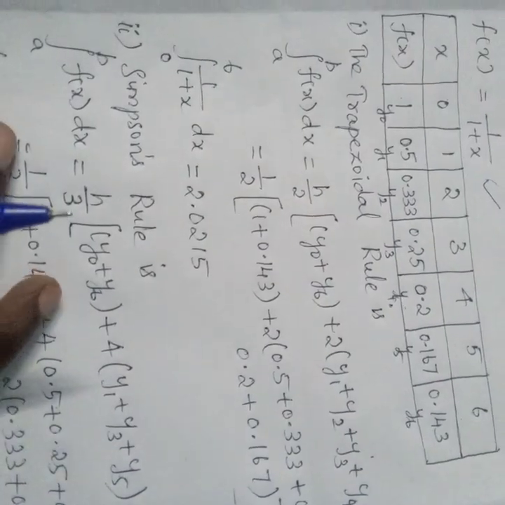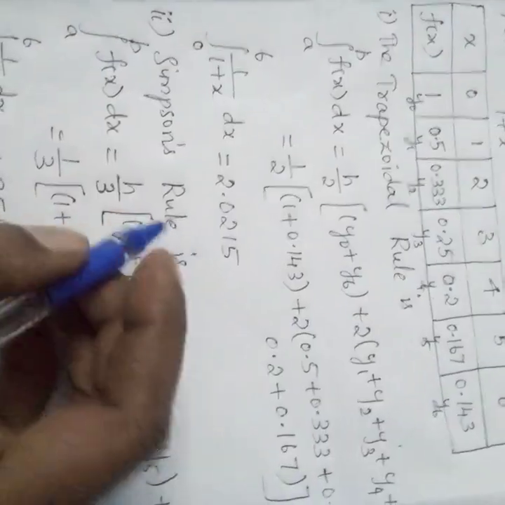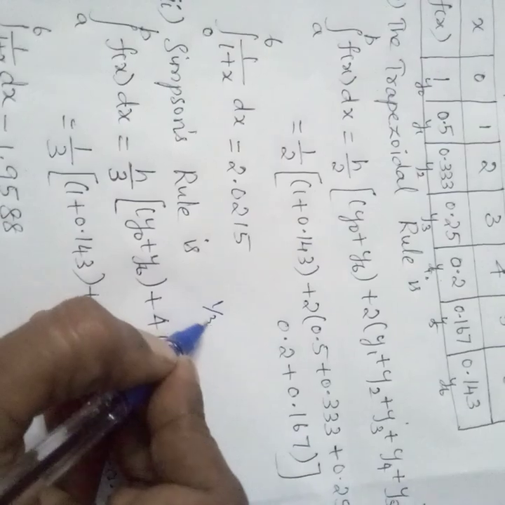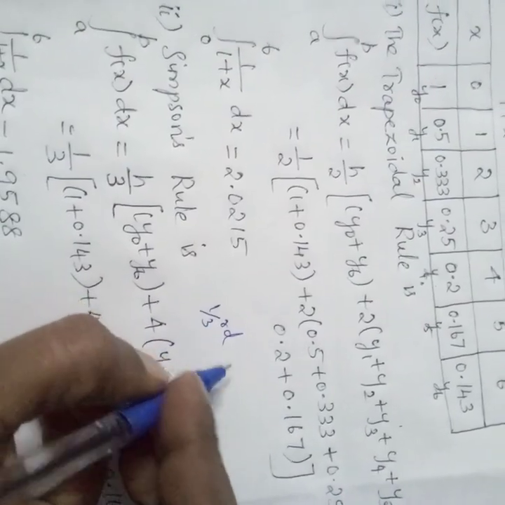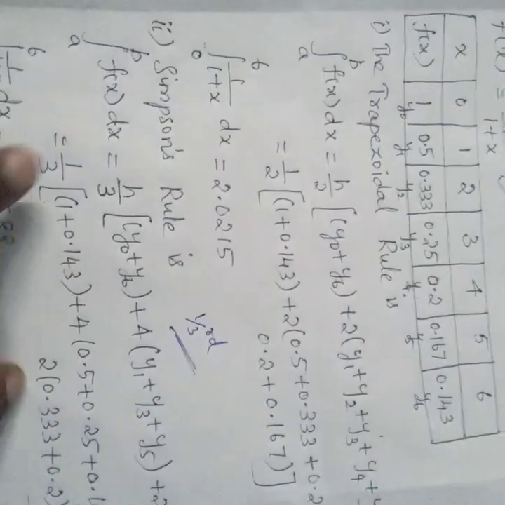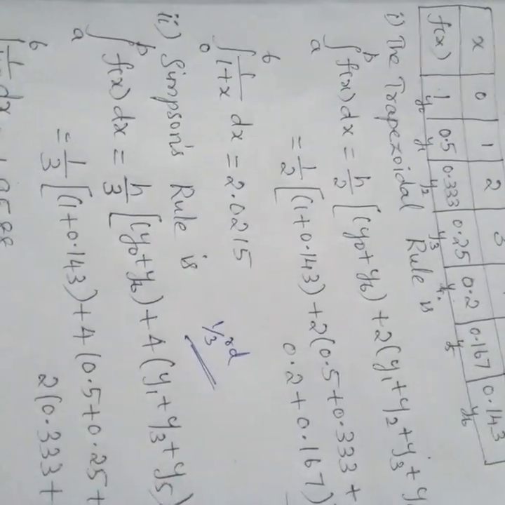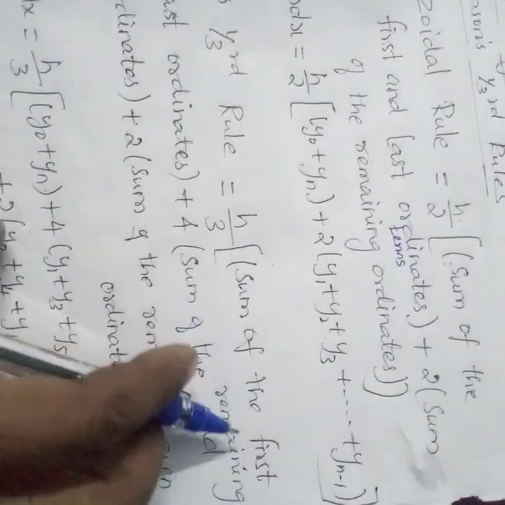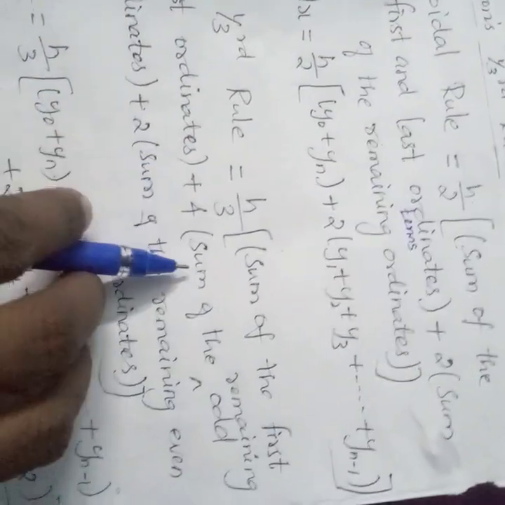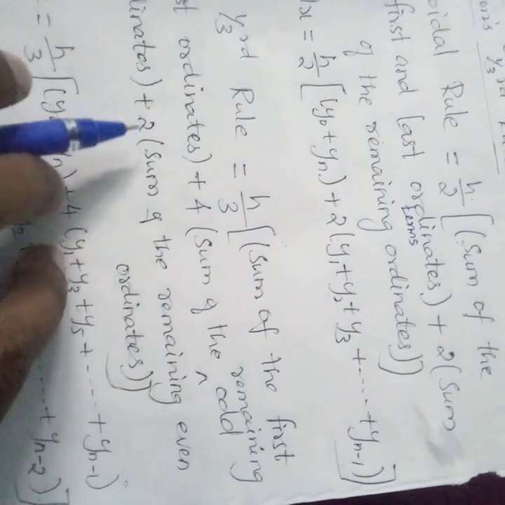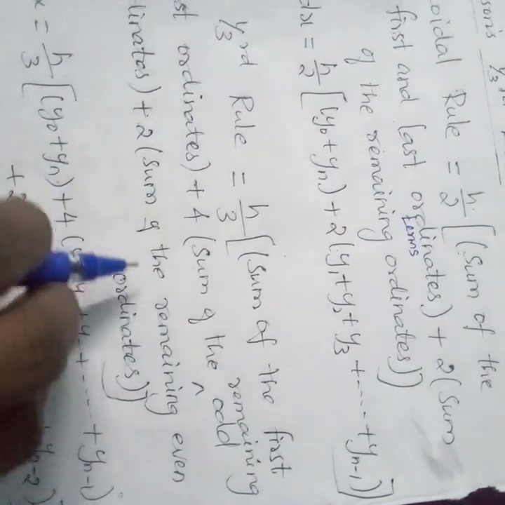The next is Simpson's rule or Simpson's 1/3 rule. Simpson's 1/3 rule or just Simpson's rule, both are the same. So integral a to b f of x dx is equal to, again what is the formula? Simpson's 1/3 rule: h by 3 into sum of the first and last terms plus 4 into sum of the remaining odd terms plus 2 into sum of the remaining even terms.